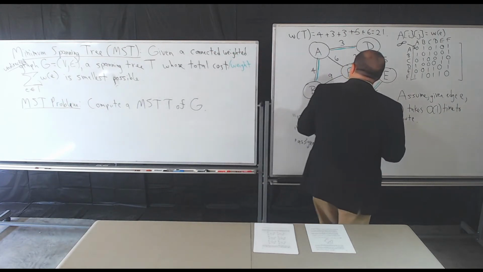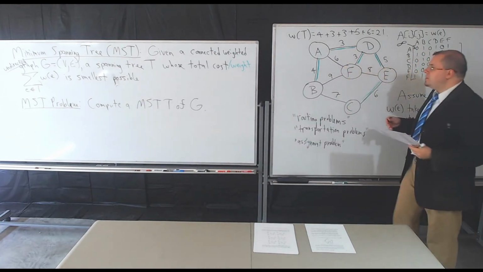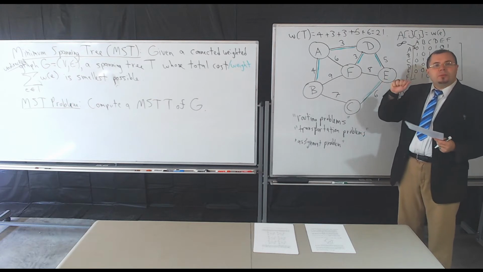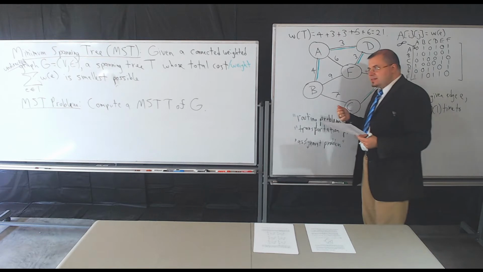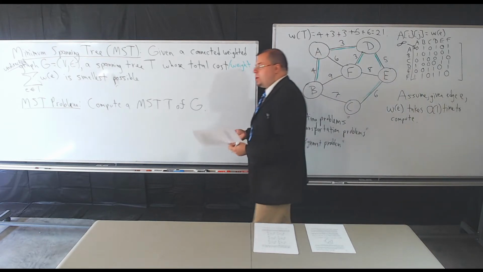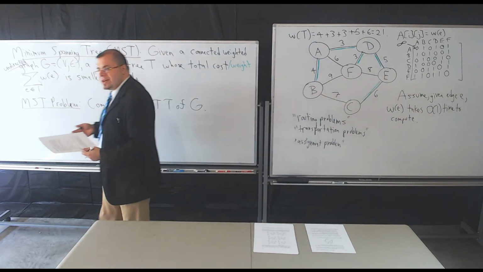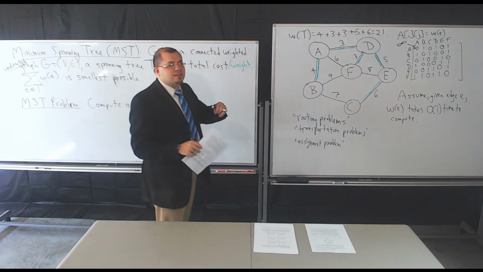So in an optimization problem, you got to think about each problem instance. Remember back to the beginning of this course, I talked about problem instances. So I give you some input, as part of an instance, and your goal is to find a solution.